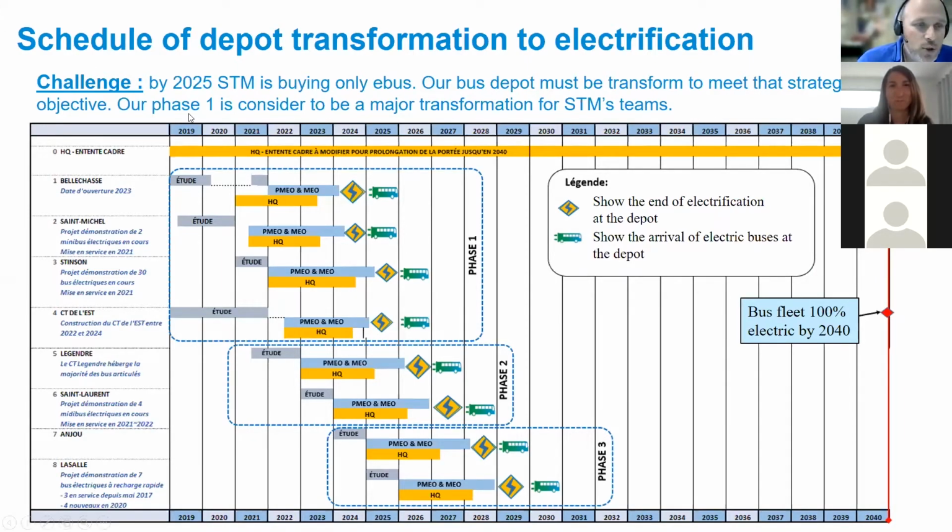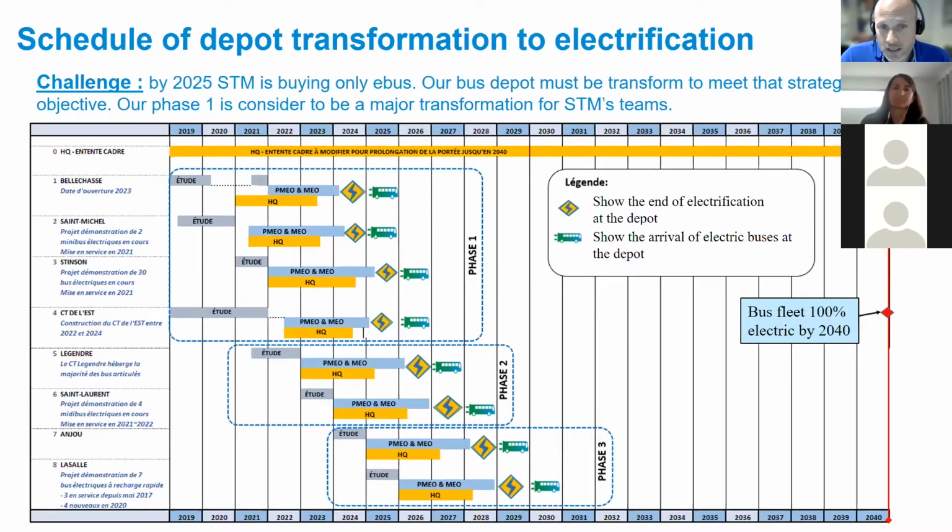So let me introduce you to our program to switch our depots to welcome our new e-buses in the future. At STM, we have around 9 depots. Not all of them will be transformed. The planning that you have here is to show you that we have a big challenge.